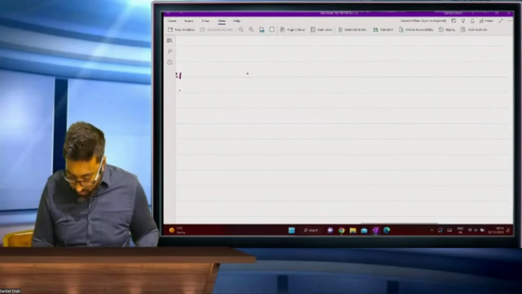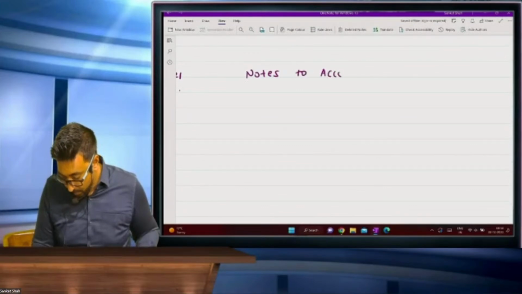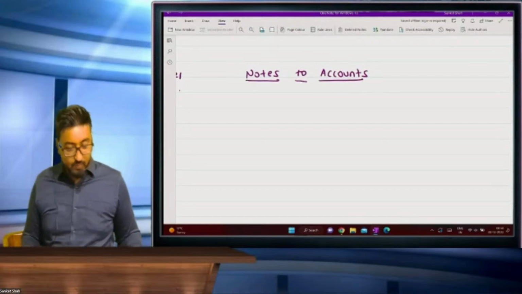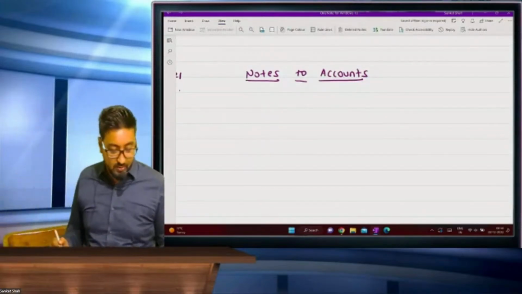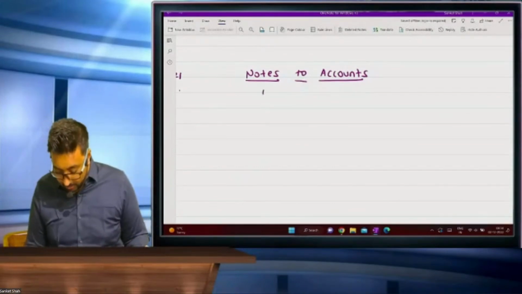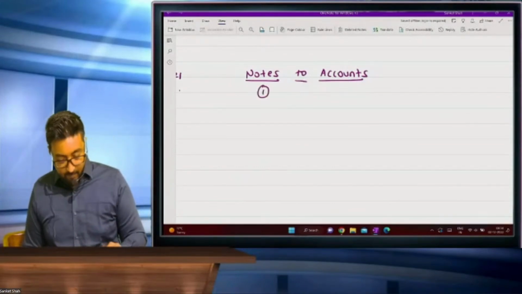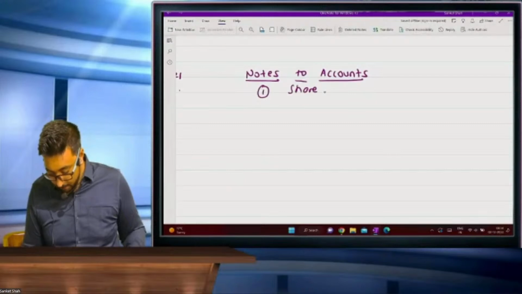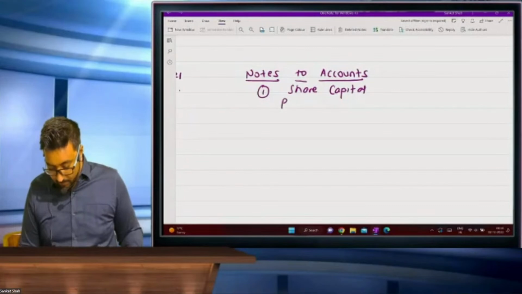Now, notes to accounts. 1. Share capital. Particulars, rupees.